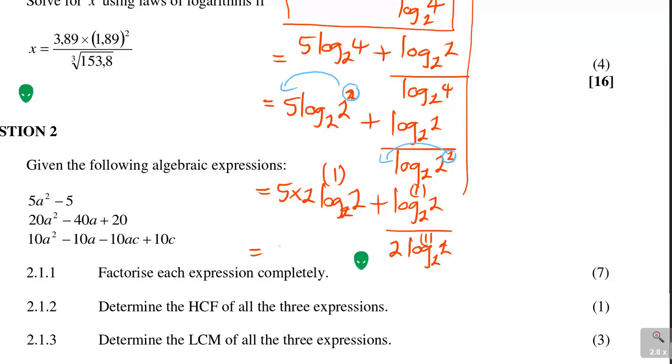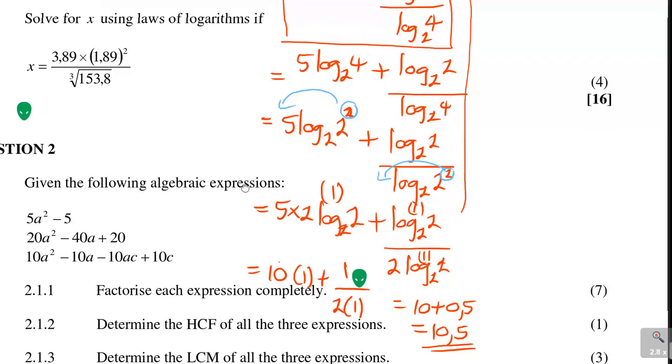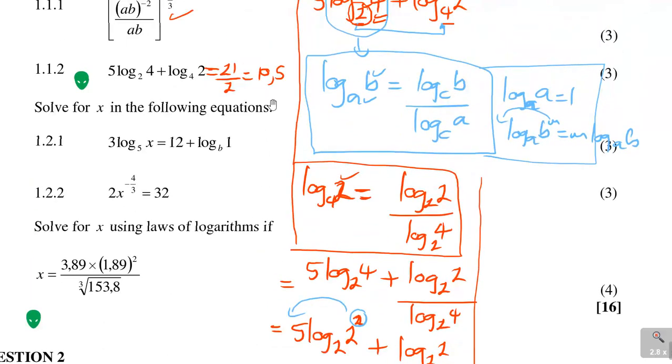So what I have is 5 times 2 is 10, plus 1 over 2 and 1. So this is 10 plus half, which is 10 plus 0,5. Remember, half is 0,5, which is 10,5.